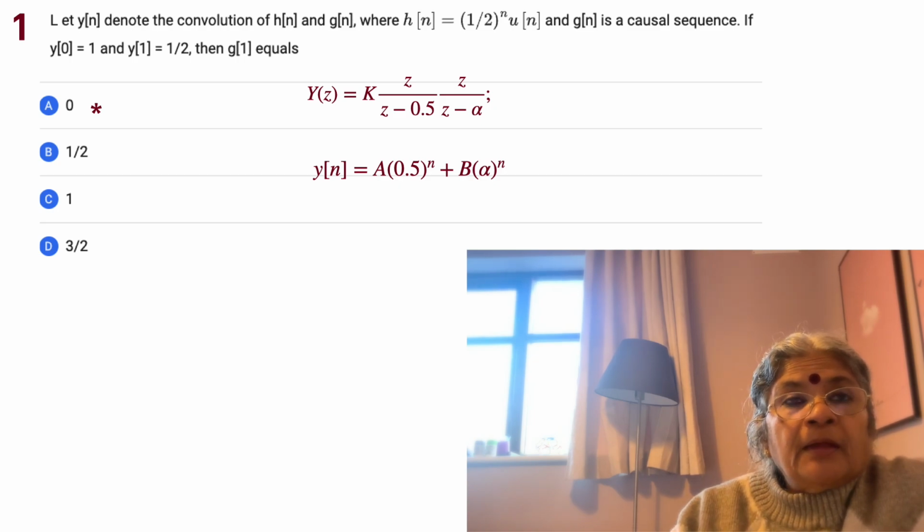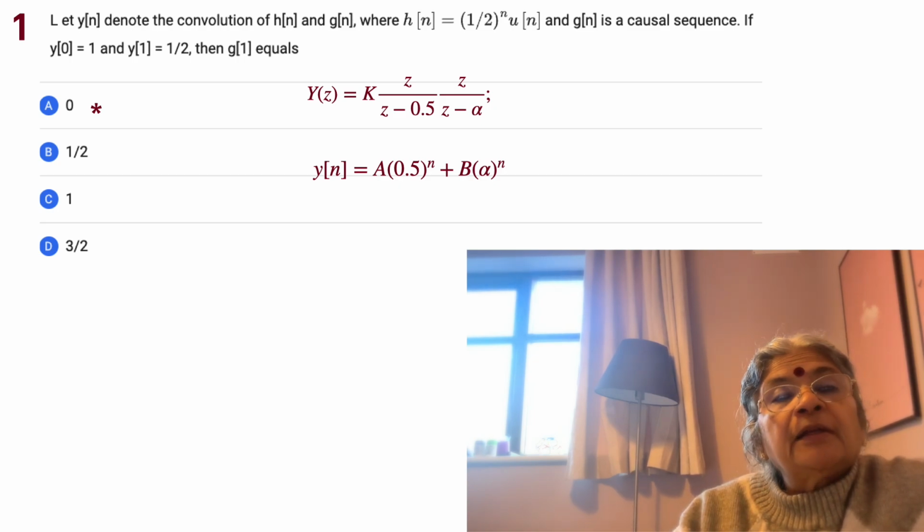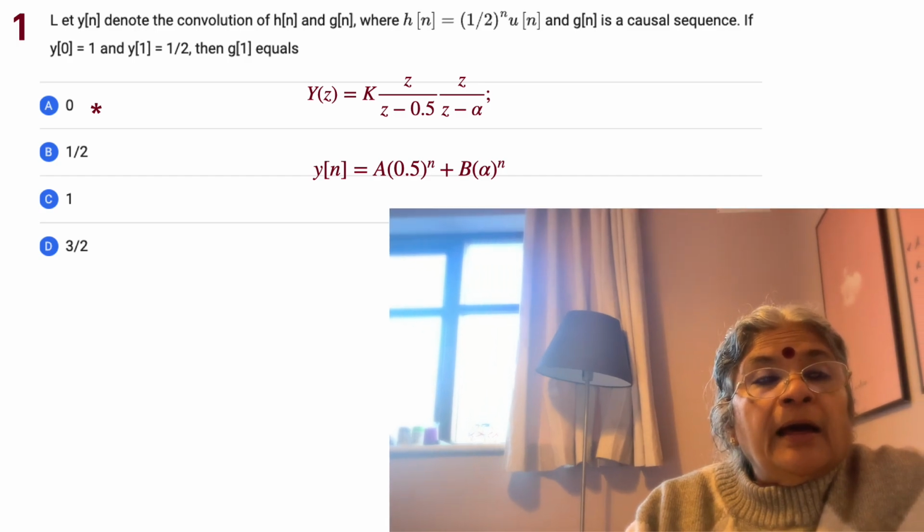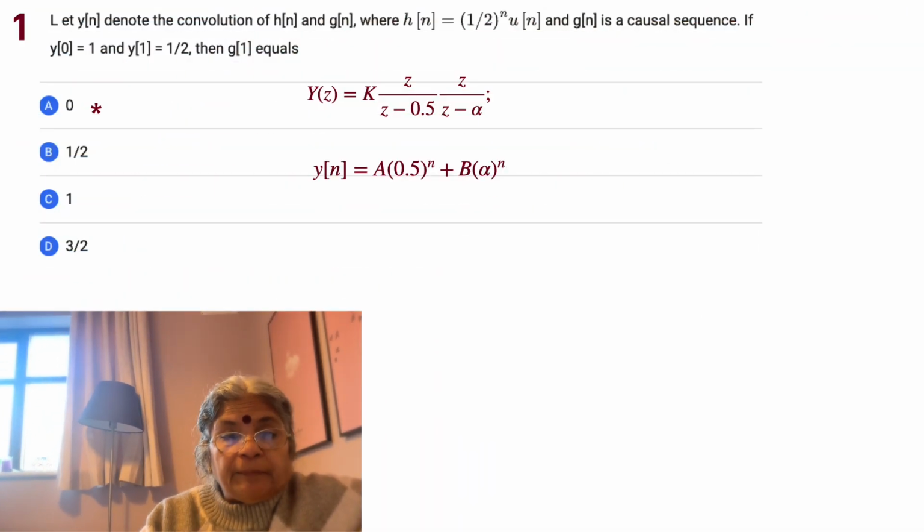When we take the inverse z transform, we have to again compute the two residues. A and B happen to be the residues, and A will give you A into 0.5 raised to n. The other residue B will give you B into alpha raised to n, because we have chosen alpha as the pole for the second signal.